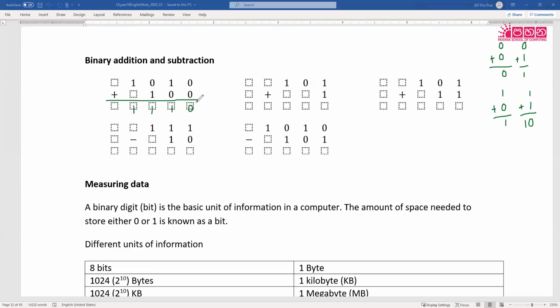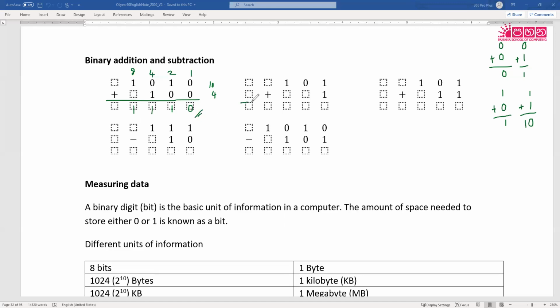So 1, 0, 1, 0, if you know the positional values, this is 8, 4, 2, 1. So this is 10, right? And this is 4, so we are getting 14, right? So that means 8 plus 4, 12 plus 2, that is 14, right? So this is the answer.